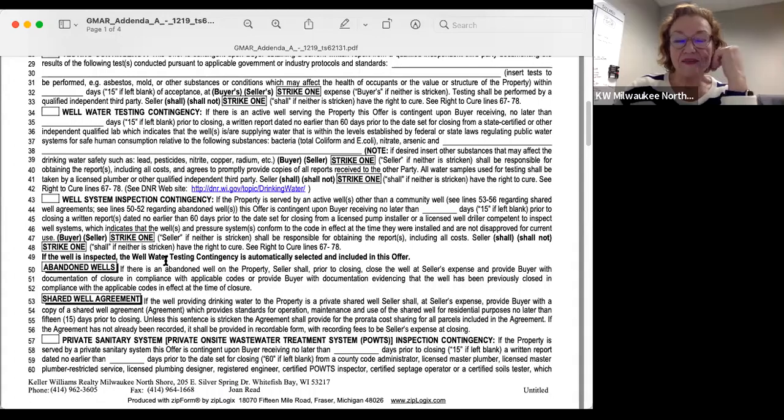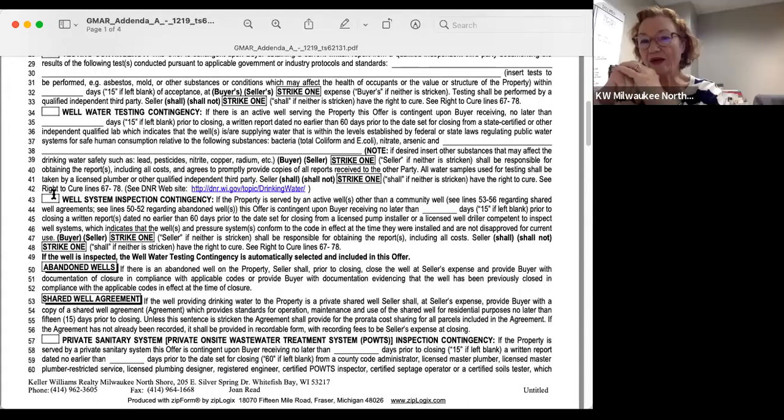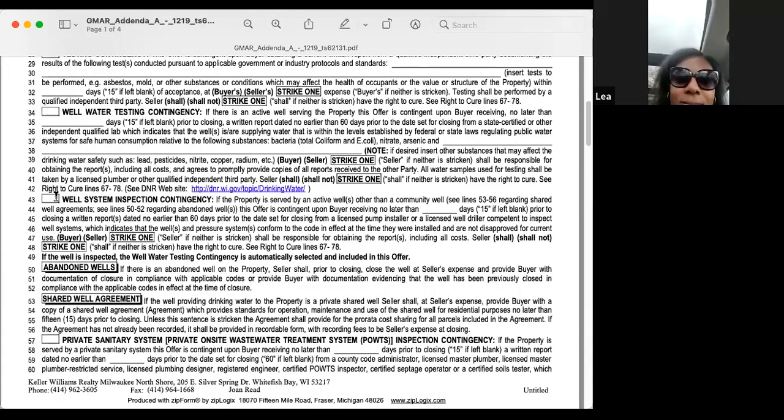And this is a little technical thing, but it's in bold. If the well is inspected, the well water contingency is automatically selected and included in this offer. So you can't just go in and put an X right here in the well system and leave well water blank. It automatically becomes included if you check line 43.